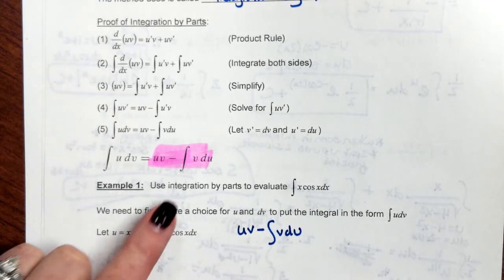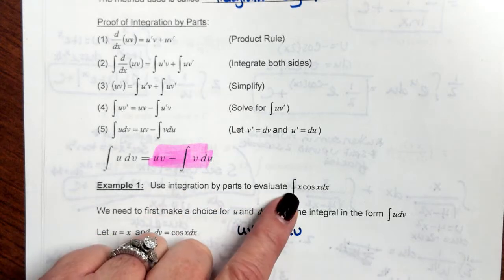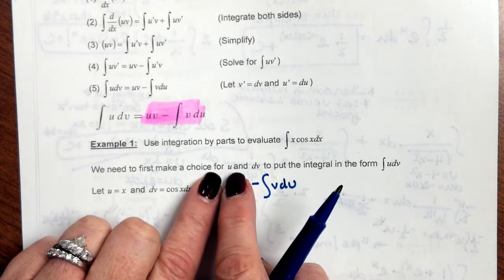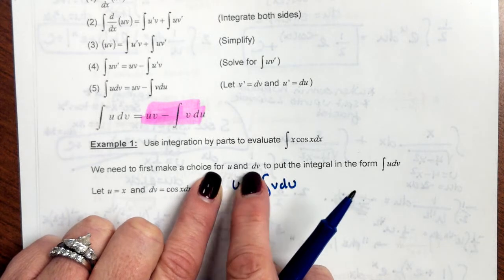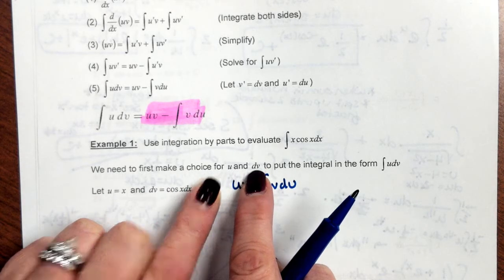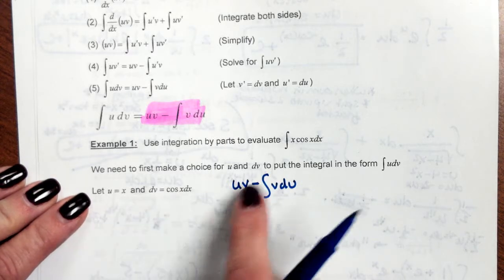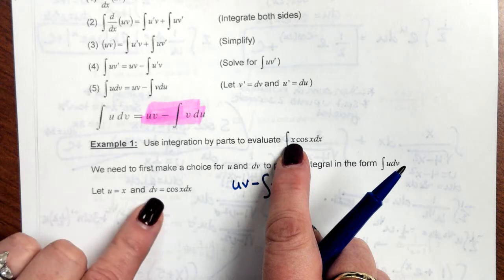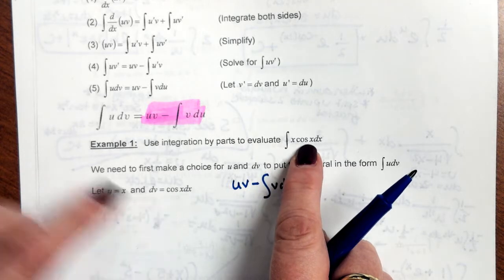So when you're doing your integration by parts, for example, if I want to integrate x times cosine of x, we need to make a choice for what we want u to be equal to and what we let dv be equal to. So let's suppose in this case I'm going to let u be equal to x, my algebraic function in the integral, and dv be equal to cosine x, my trig function.